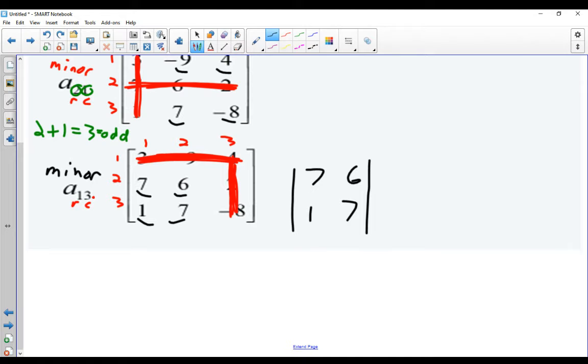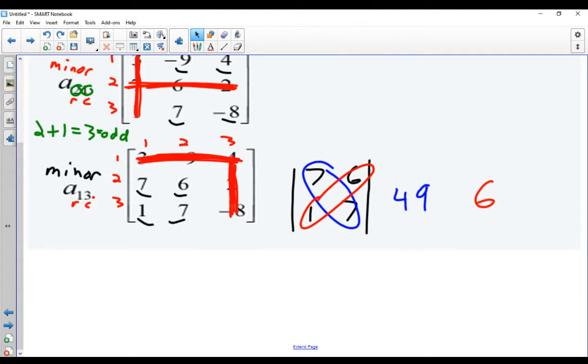Find the determinant. The downwards diagonal will give you 49. The upwards diagonal will give you 6. Then subtract the 2. 49 minus 6 will give you 43.